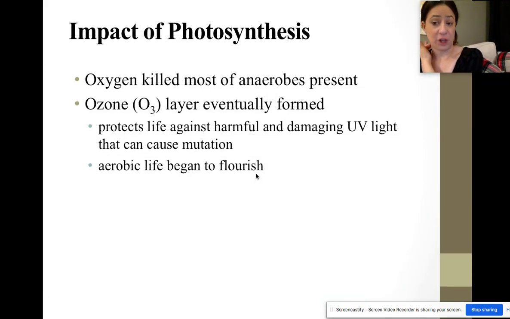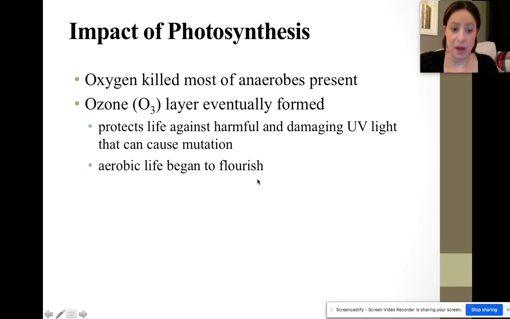Photosynthesis would have a huge impact on life forms that are present, because up until that point, living things existed without oxygen. So all of those life forms that existed without oxygen died because oxygen was toxic to them. As more and more oxygen was produced, the oxygen would form an ozone layer.